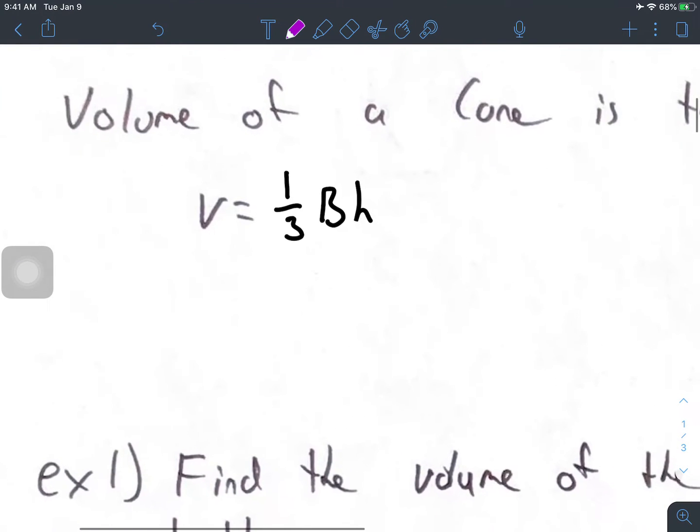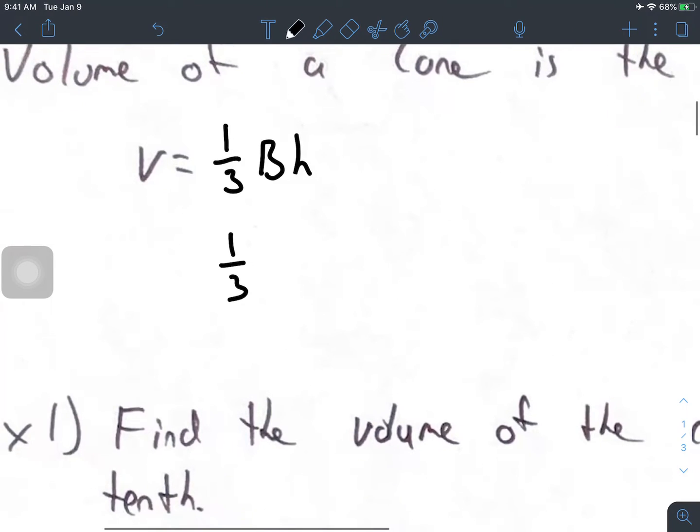But regardless, when we look back at our formula here, volume is 1/3 times the area of the base, which in this case is a circle, so pi r squared. Now, the thing to keep in mind, it's only the r that's being squared, it's not the pi. And then we multiply that by the height of the cone.